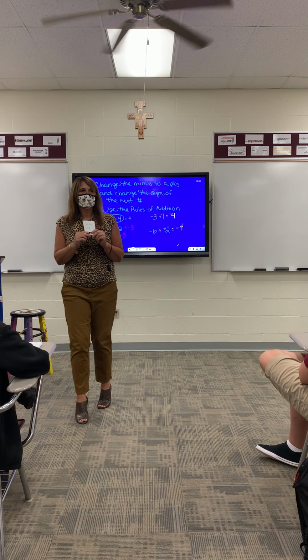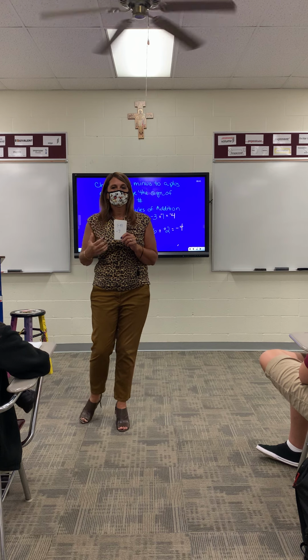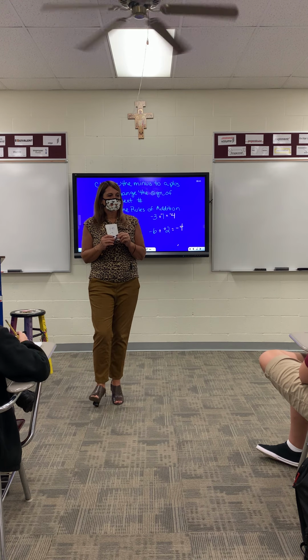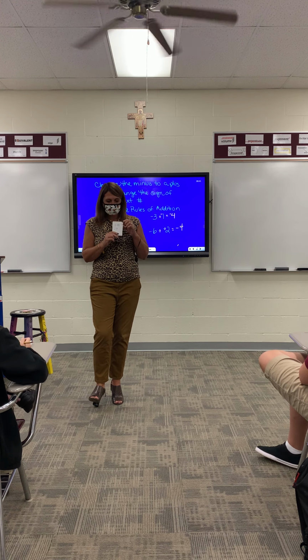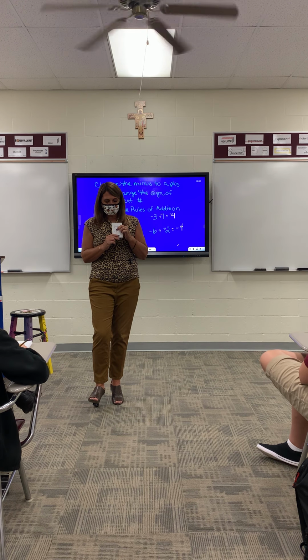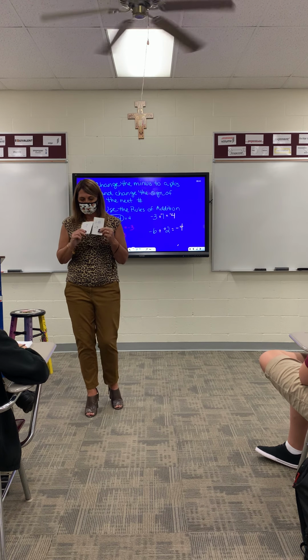And just like yesterday, I would like you to answer as we go and see how you're doing, see if you get them right. And Ryan said, if you missed it, -9 stays the same, this changes to a plus. This becomes -7, so -9 plus -7 is -16, okay?